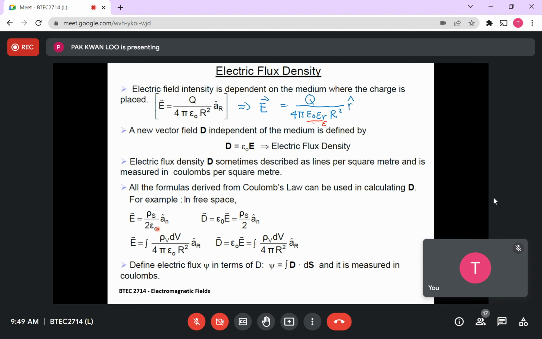And the flux density is just E multiplied with the permittivity of free space, which is equivalent to the charge density. Okay? The charge density. And the same goes for, let's say, a volumetric charge density, then we evaluate E in terms of an integral.